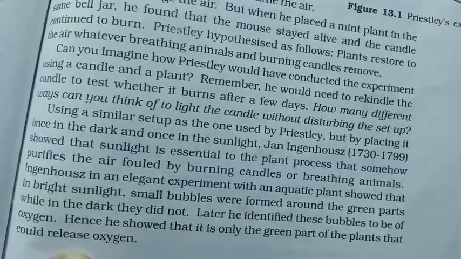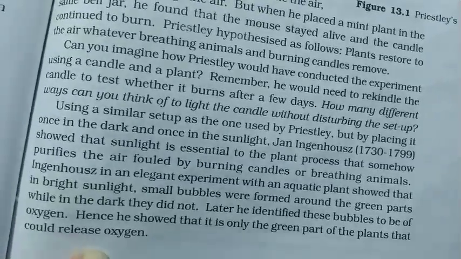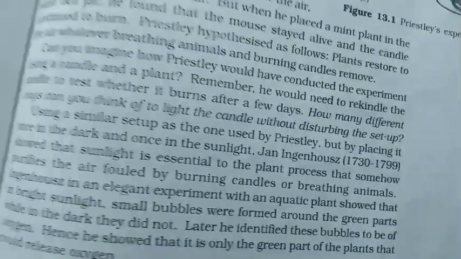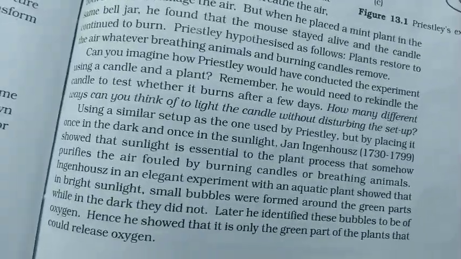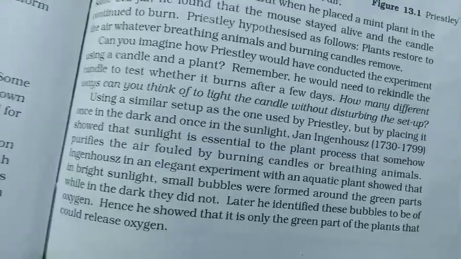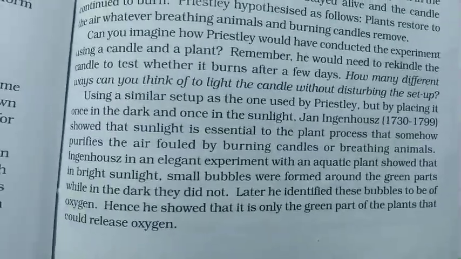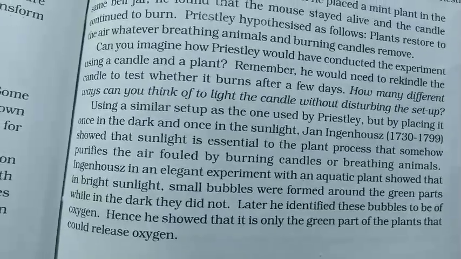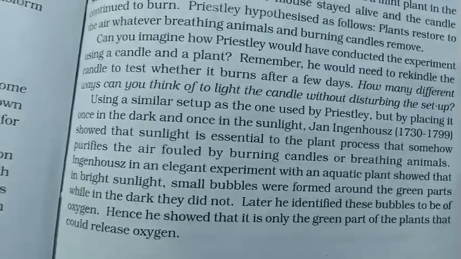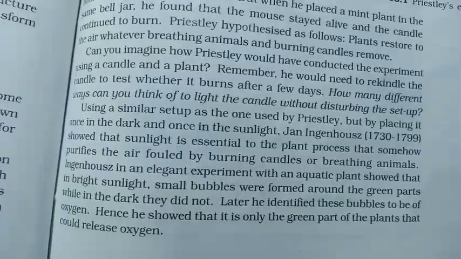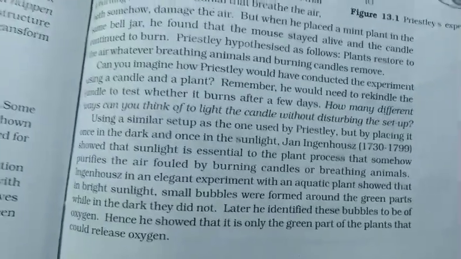Using a similar setup as the one used by Priestley, but placing it once in the dark and once in the sunlight, it was Jan Ingenhousz, 1730 to 1799, who showed that sunlight is essential to the plant process that somehow purifies the air polluted by burning candles or breathing animals.